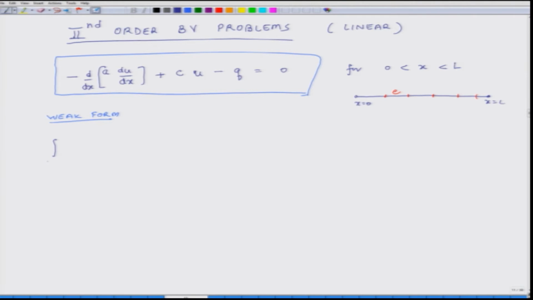My domain is not 0 to L in this case, but rather from xa to xb, where xa is the first coordinate of the eth element and xb is the second coordinate of the eth element.